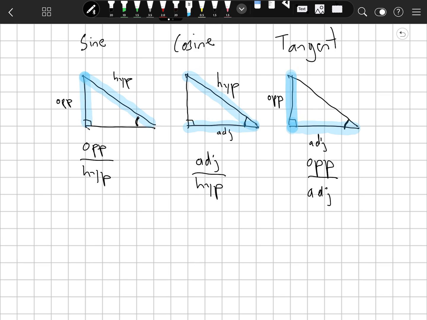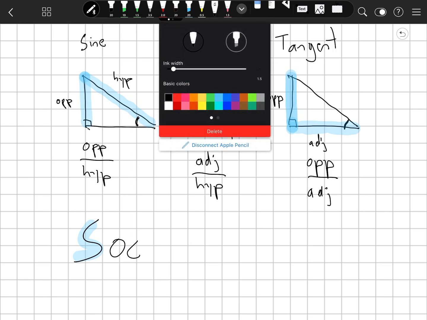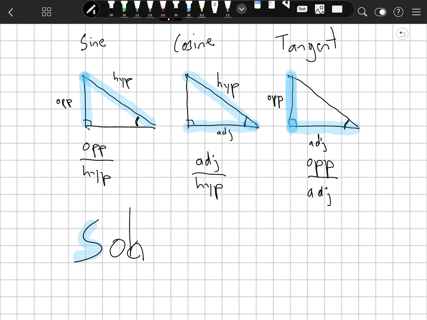One way to remember this is, let's do this in a marker. There's an old math legend that says that an Indian chief stubbed his toe on a rock and he said, "Sakatoa."